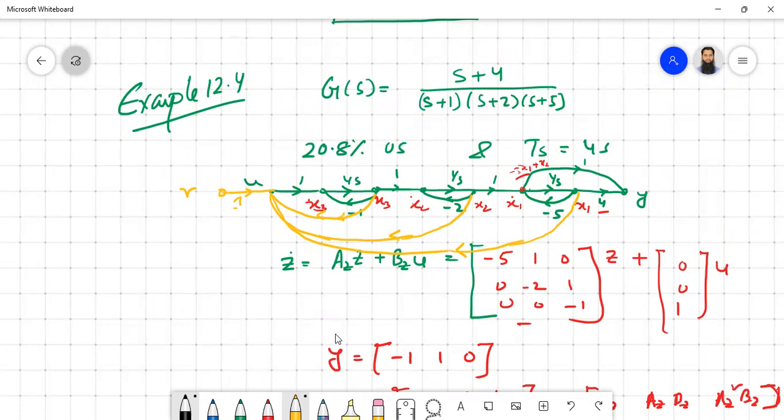So minus K1, that is this one, will be basically minus 20. Then this one will be 10, and this will be minus 2. Okay, so this is how you have to do the designing.